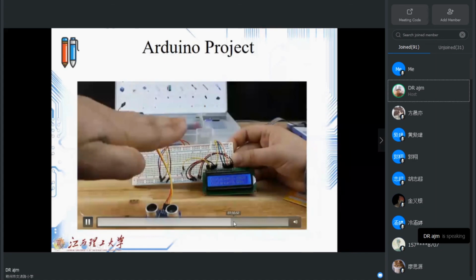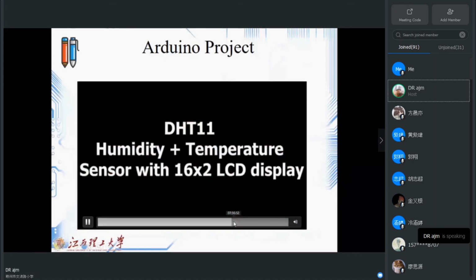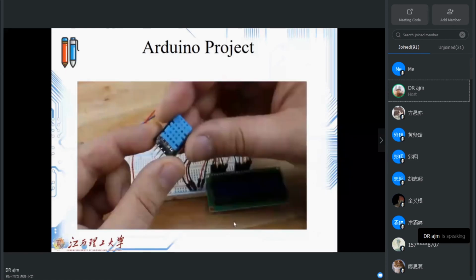Another project can use DHT sensors, which are humidity and temperature sensors.